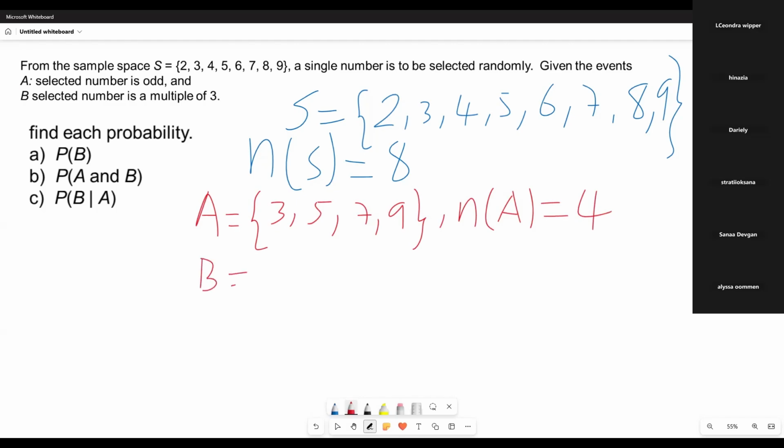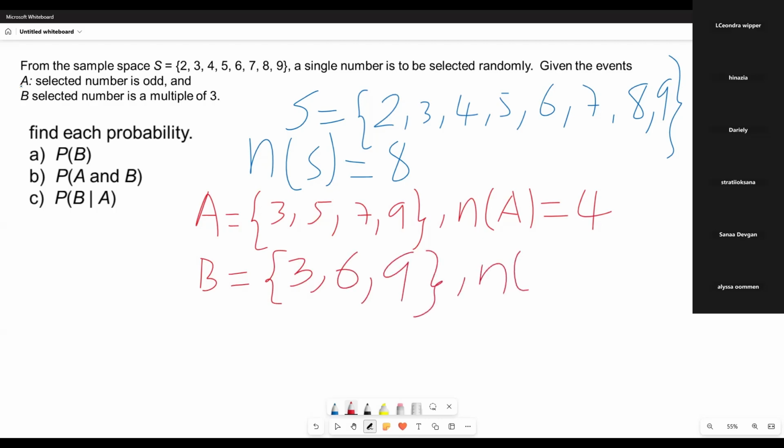Event B: selected number is a multiple of 3. From the sample space, what are the numbers that are multiples of 3? You got 3. 3 is a multiple of 3 because 3 can be divided by 3 evenly. 6 is a multiple of 3, and 9 is also.